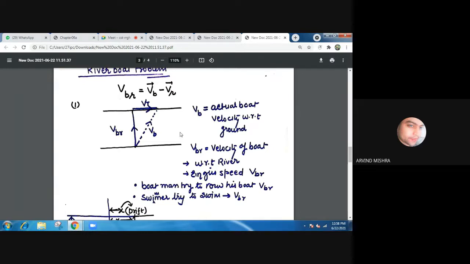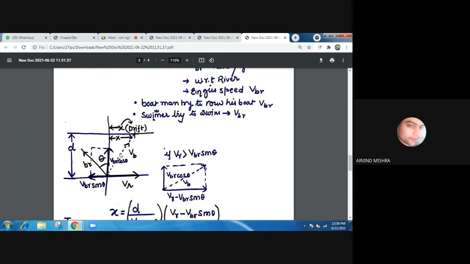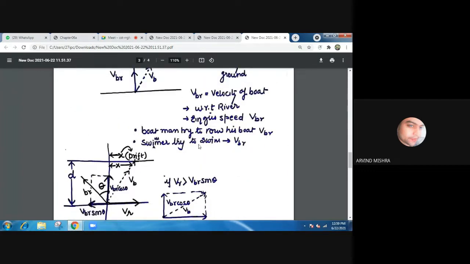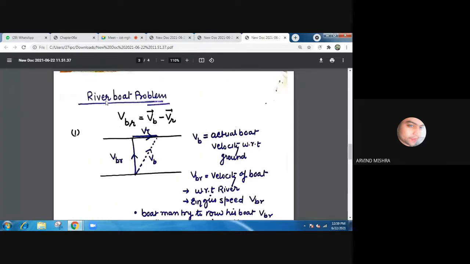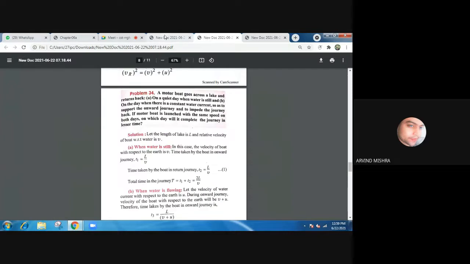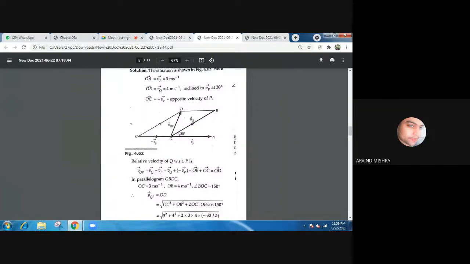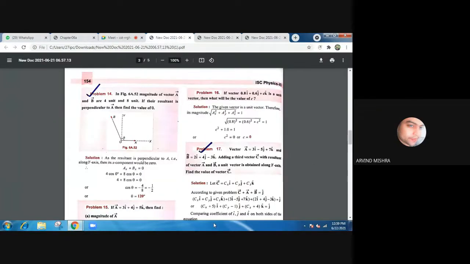Now, the next problem, the next diagram. This is very clear to everyone: this is the velocity of the boat that I will go and draw on the board and explain. For the time being, I have cleared the river boat problem, which is the only thing left. I have already posted the sheet; please try it, because I gave you this sheet yesterday and nobody has acknowledged it.